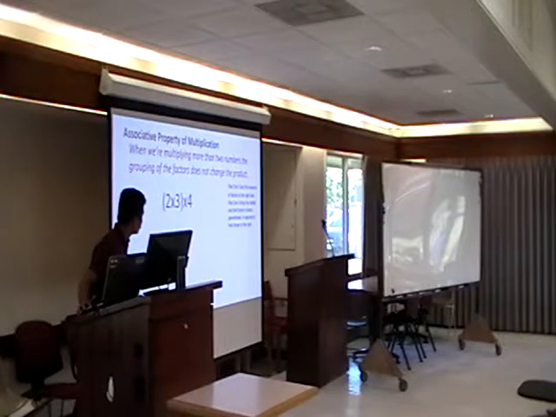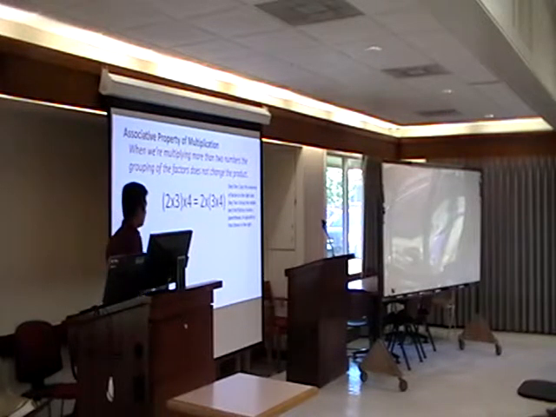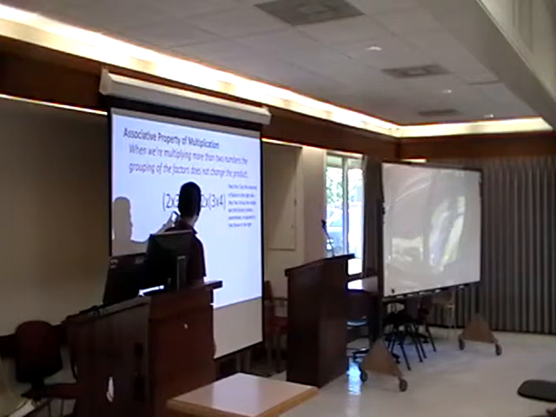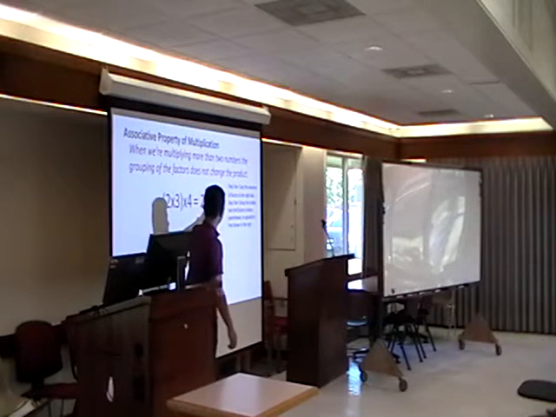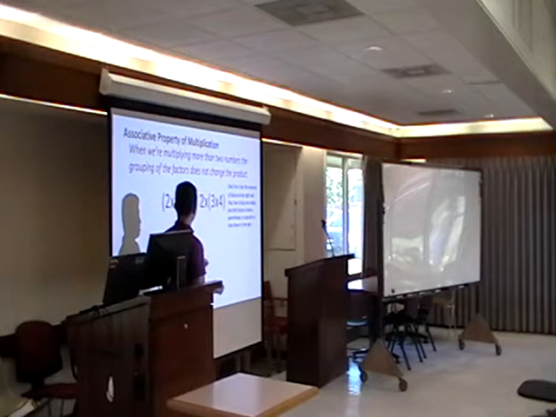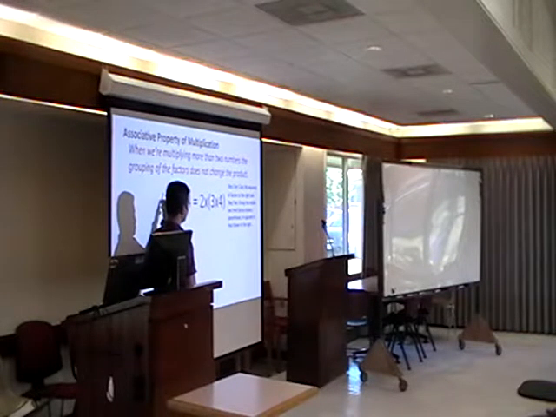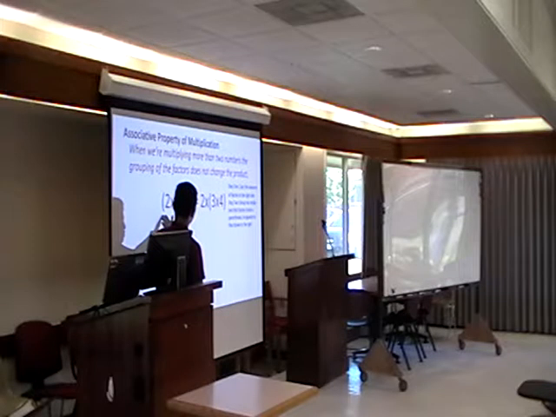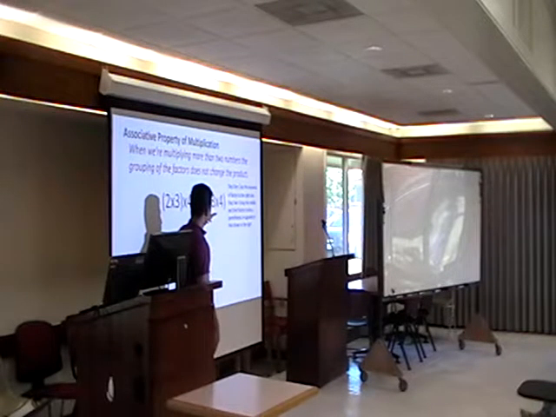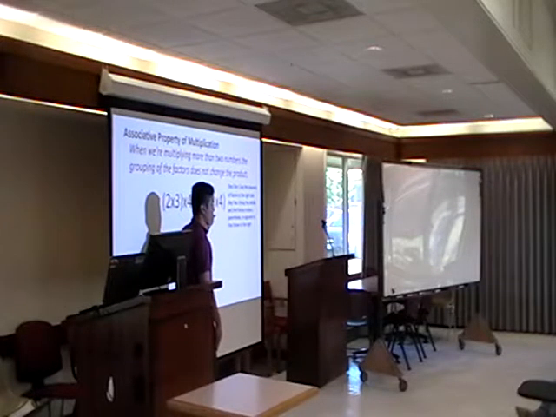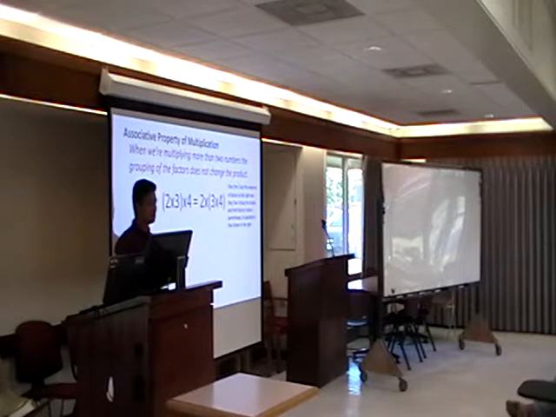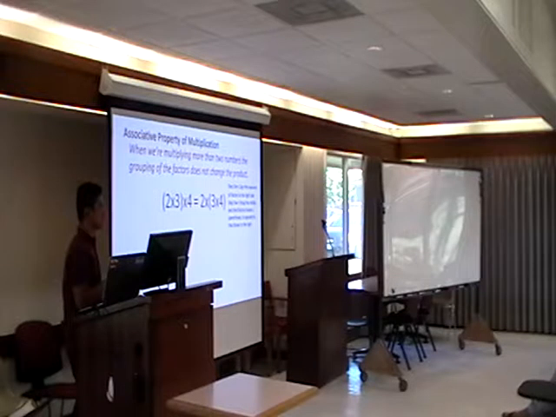And then step 2, group the middle and last factors inside the parentheses as shown on the right. As you can see here, the order is 2, 3, and 4. You just copy that order. What we just changed is the grouping. On the left side, we group 2 and 3, and on the right side, we group 3 and 4. Okay. Now let's see if they have different answers or the same answers.